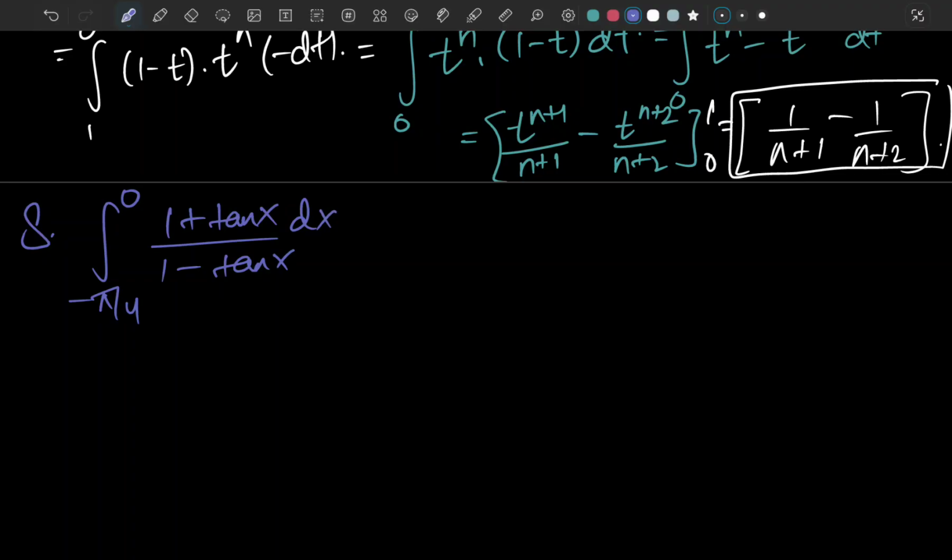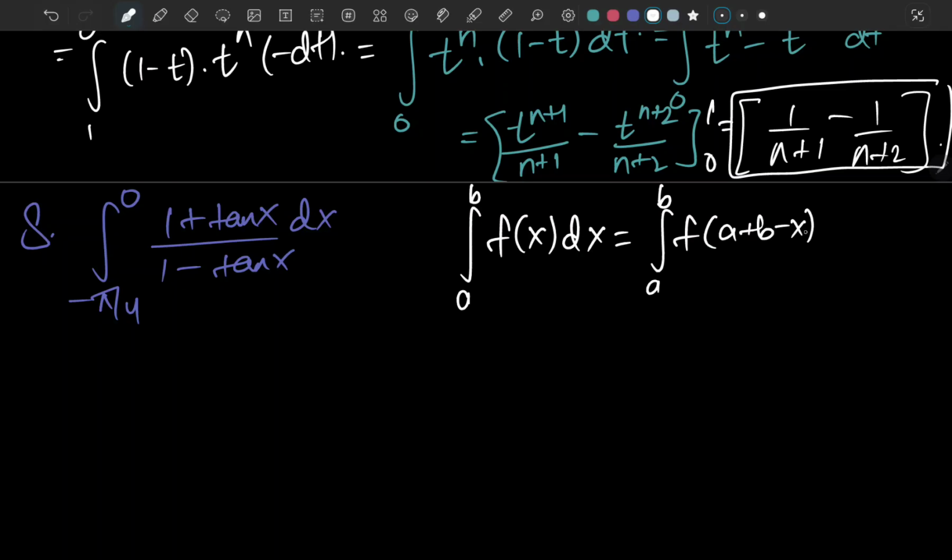So are we going to just replace x with, well, let's do a very good thing for this integral, and I would say use this property that says the integral from a to b of f of x dx is the same as the integral from a to b of f of (a plus b minus x) dx.